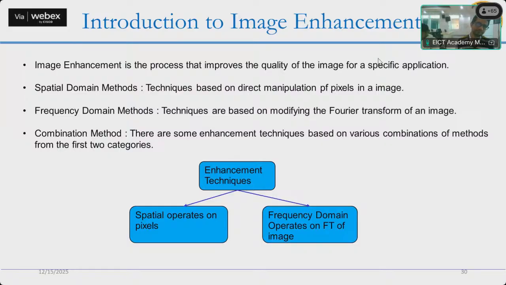For example, in the medical case, a doctor wants to observe the image for some purpose, then the enhancement may be different. But if some person wants to advertise something, on a display or as part of media content, then it may be a different type of enhancement.